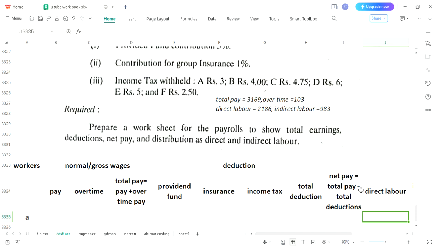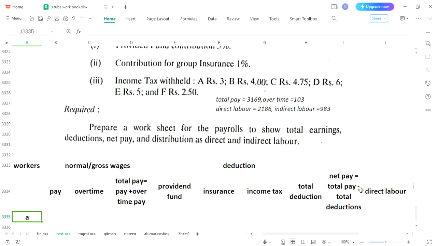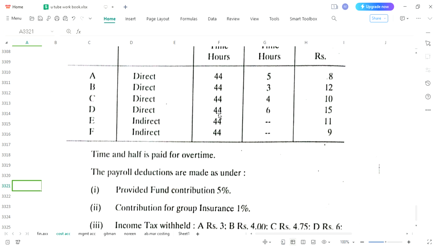Then we will distribute this net pay into two parts, direct labor and indirect labor. Now keep it in mind, in our question it has already been segregated. There are four workers who are direct and two workers who are indirect. In this way we can distribute the pay of A, B, C, D as direct and the pay of E, F as indirect.